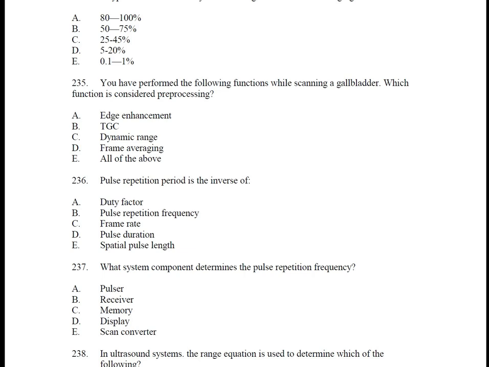Next, let's move on and look at question 235. According to the question, the examination is being performed on the gallbladder. During the examination, they want to perform preprocessing, and the question is asking which of the options below corresponds to a preprocessing function. Preprocessing refers to techniques that can be applied during the examination.